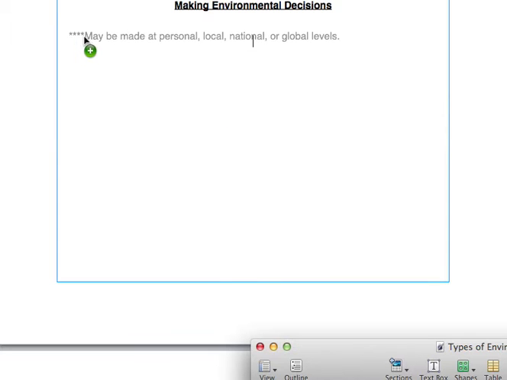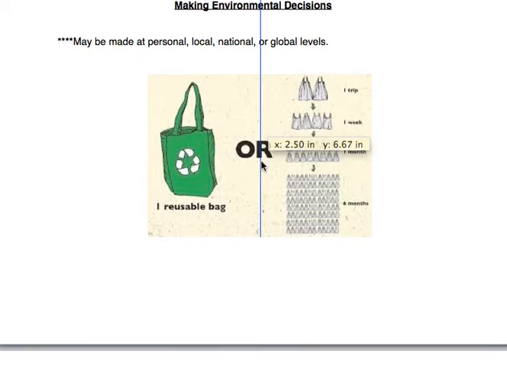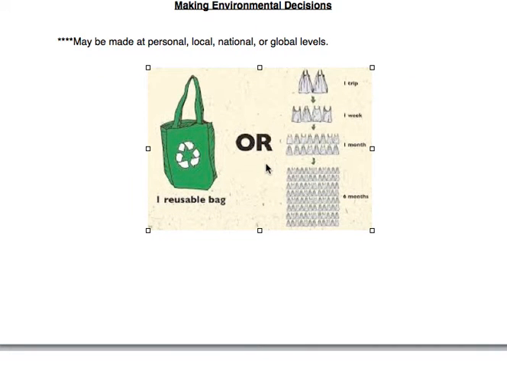Under environmental decisions, I want you to note that these may be made at personal, local, national, or global levels. And so what might be a personal environmental decision might be the decision to use a reusable grocery bag versus using the plastic bags that are available at the grocery store.